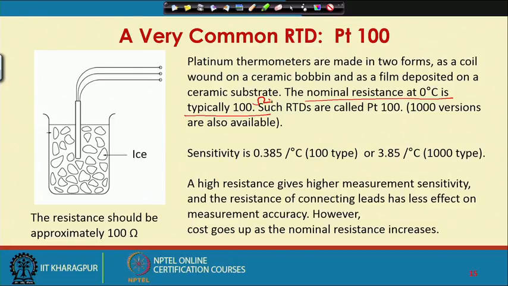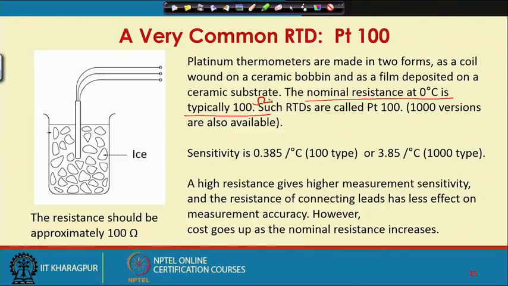The sensitivity for PT100 is 0.385 ohm per degree Celsius and 3.85 ohm per degree Celsius for 1000 ohm type. A high resistance gives higher measurement sensitivity and the resistance of connecting leads has less effect on measuring accuracy.